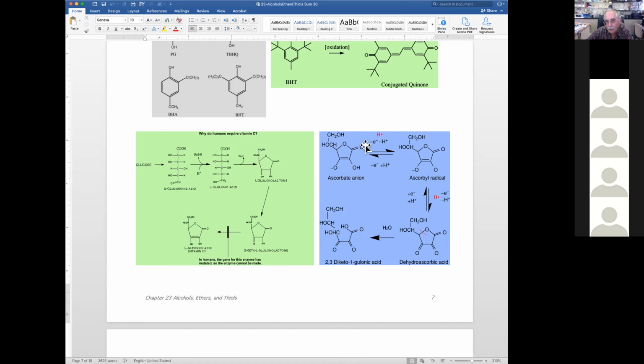If you go this way, you're taking away an electron, and you put in water and hydrolyze that. But you see this is more oxidized over here than over here. Here's a secondary alcohol that got oxidized to a ketone. Essentially a secondary alcohol got oxidized to another ketone.